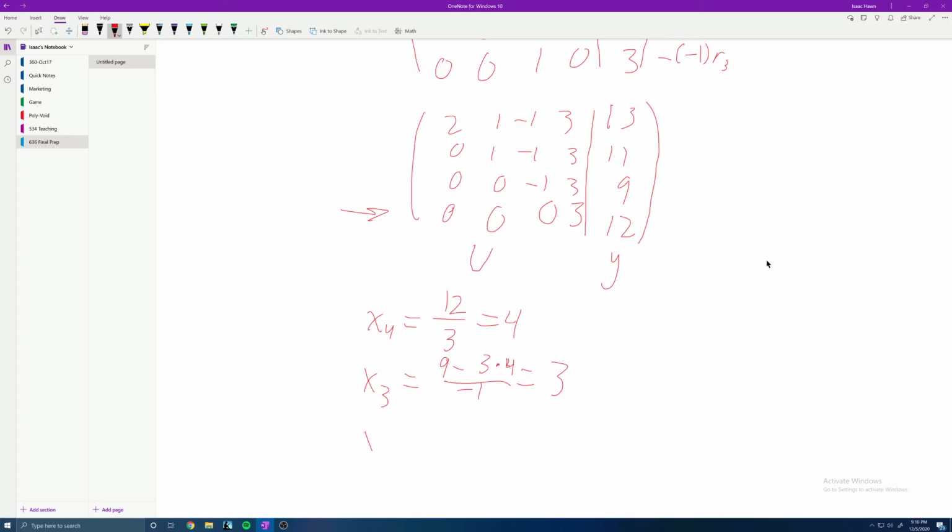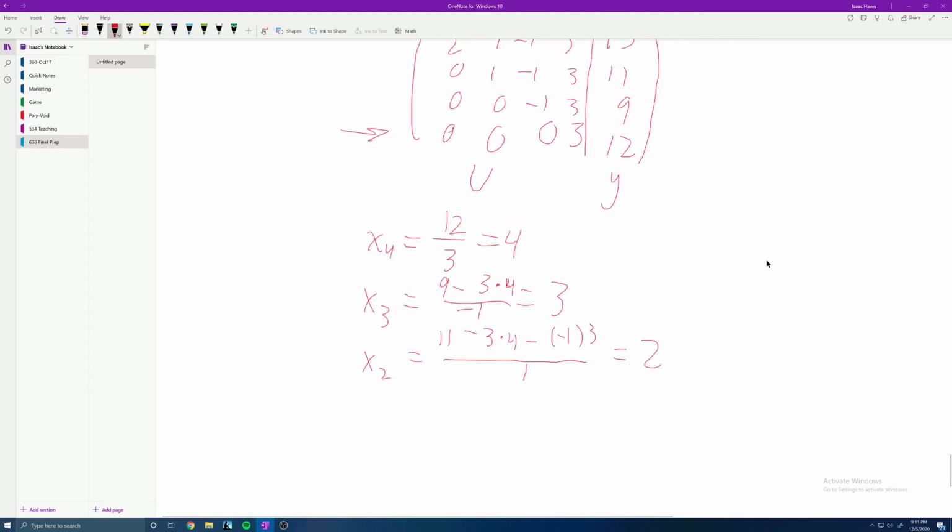Good so far. x2 is equal to 11 minus 3 times 4 minus negative 1 times 3, our x3 value, over 1. And that's going to be 11 minus 3 times 4, over that, so that's 2.